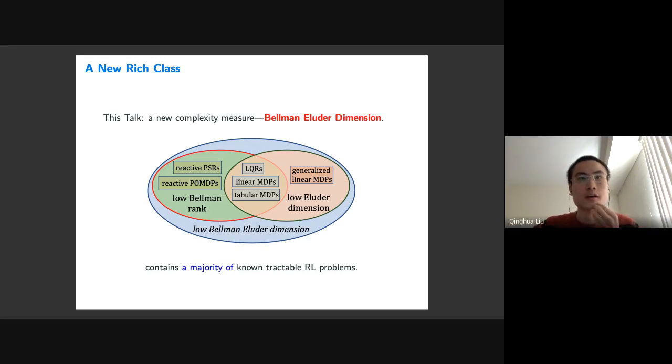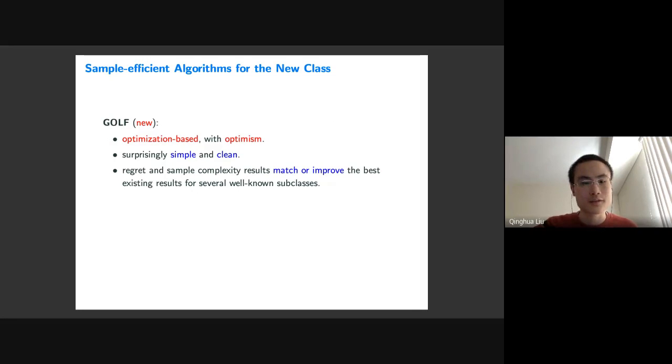So if we are good, we will move on to the algorithm part. After defining this rich class of problems, we need to design some sample efficient algorithms for solving them. Specifically, we have two sample efficient algorithms. The first one is new and is proposed in our paper. It's called GOLF. GOLF is an optimization-based algorithm using global optimism.